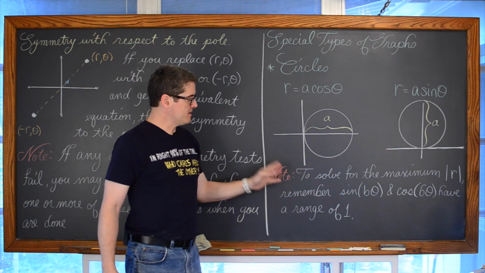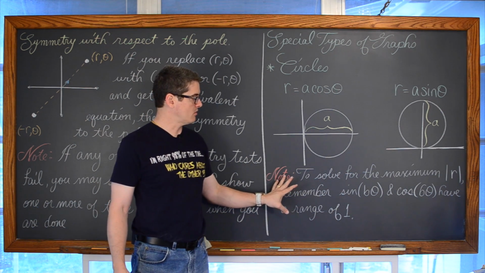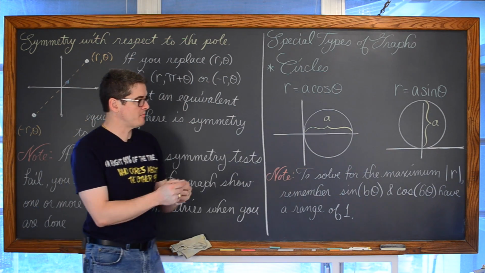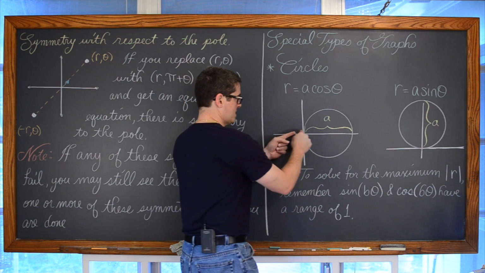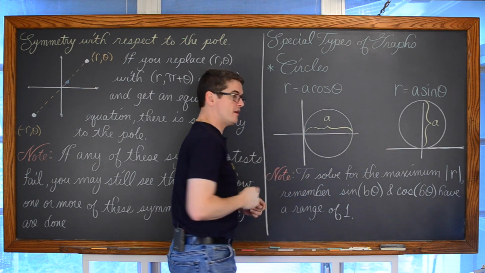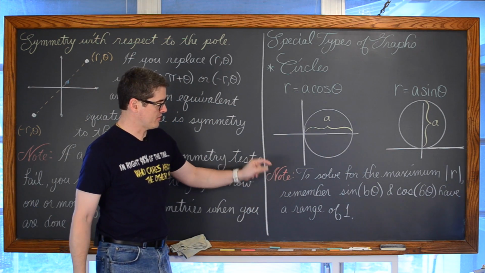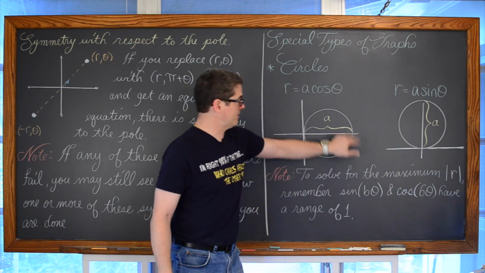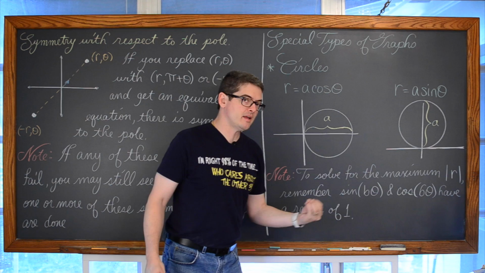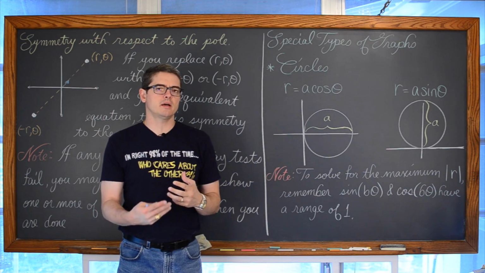By the way, and this will become really nice when we are graphing the roses, to solve for the maximum value of r, the maximum distance any point on your graph is going to be from the pole, remember that the sine of some angle measure and the cosine of some angle measure is that wave.